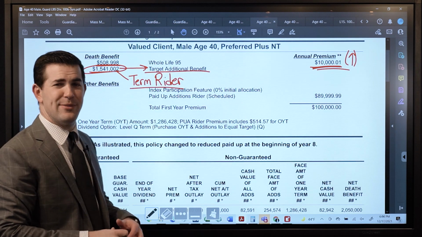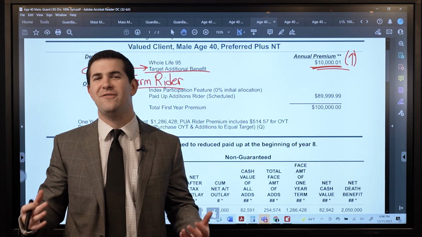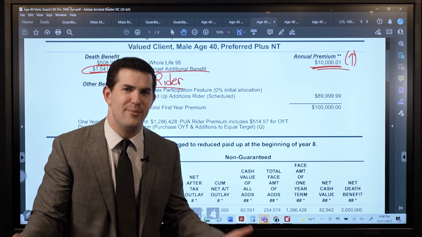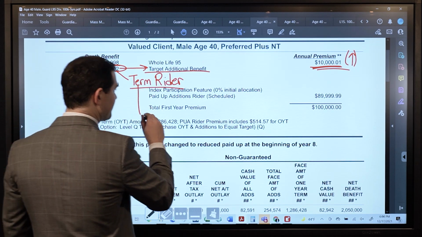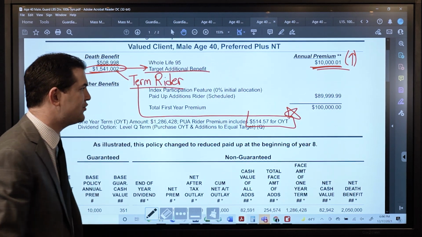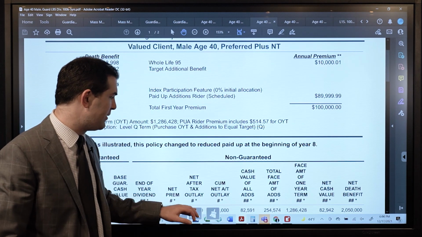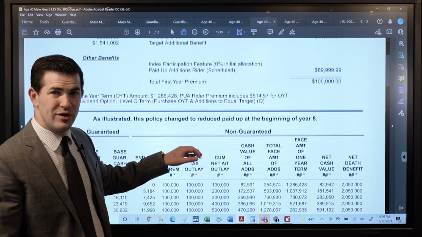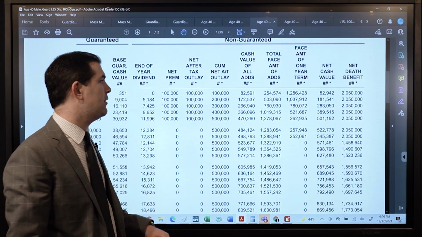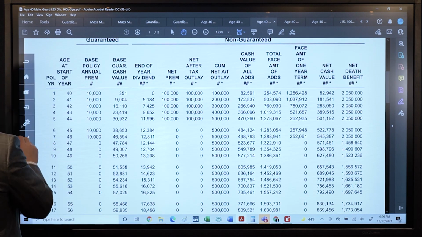If you don't like the word cheap, I like to refer to it as a cost-effective way to raise the death benefit, which mainly raises the MEC limit. So here is the actual dollar cost for our term rider in the first year, about $514. That actually decreases each year, and we do chop that off after 7 years in this example.